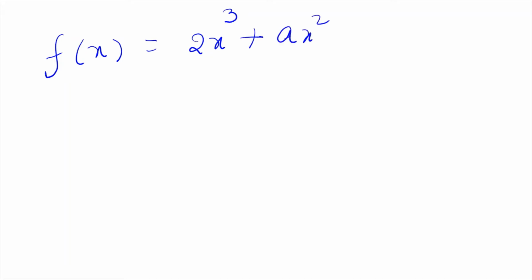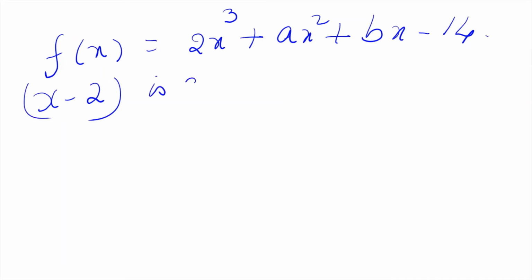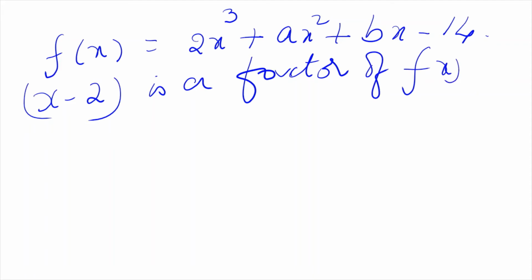So now f(x) is equal to 2x cube plus ax square plus bx minus 14. Now, according to the question, x minus 2 is a factor of f(x), right?